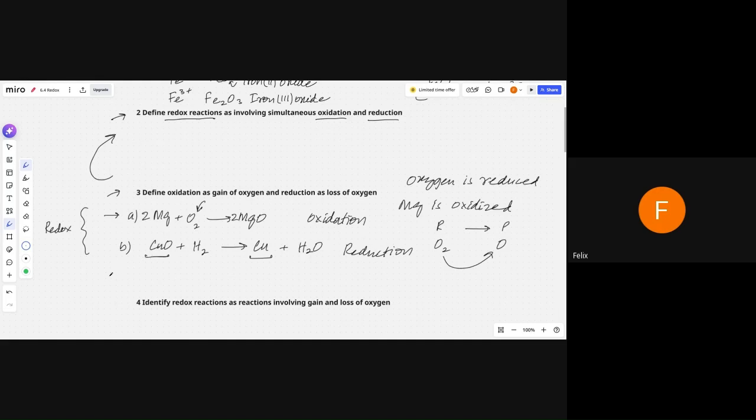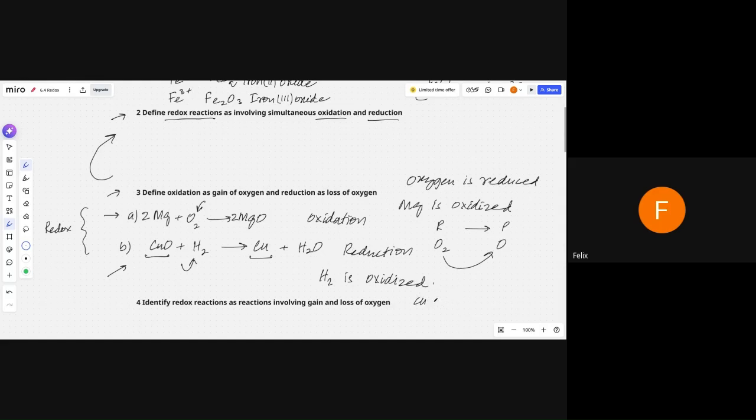So now look at this reaction. You can pause this video and try to figure out which atom is being oxidized, right? So yeah, hydrogen is being oxidized. You can see here that hydrogen is without oxygen on the left side, and after the reaction, oxygen is added to hydrogen. So we can say that hydrogen is oxidized, and copper is reduced.